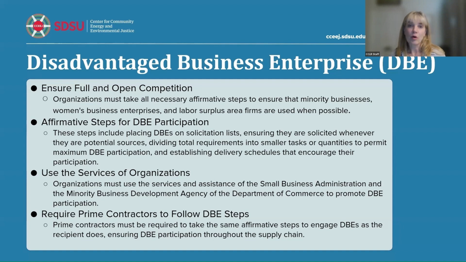And when you select that contractor, you're also going to put it in the contract. I know with EPA grants, they provide in that best practice guide language that you must put into your contracts with your prime contractors. Okay. So DBE is very important. Don't forget about it.